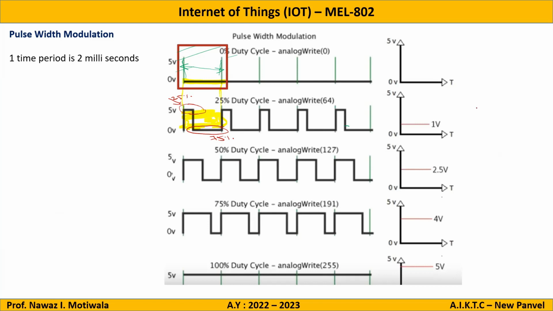So if I show you the calculation, for 25% of the time, I can write 0.25. For 25% of the time it is on 5 volts, so it will be multiplied by 5. And for 75% of the time it is on 0 volts, so it will be multiplied by 0. If I calculate this value, I will get the answer 1.25 volts.